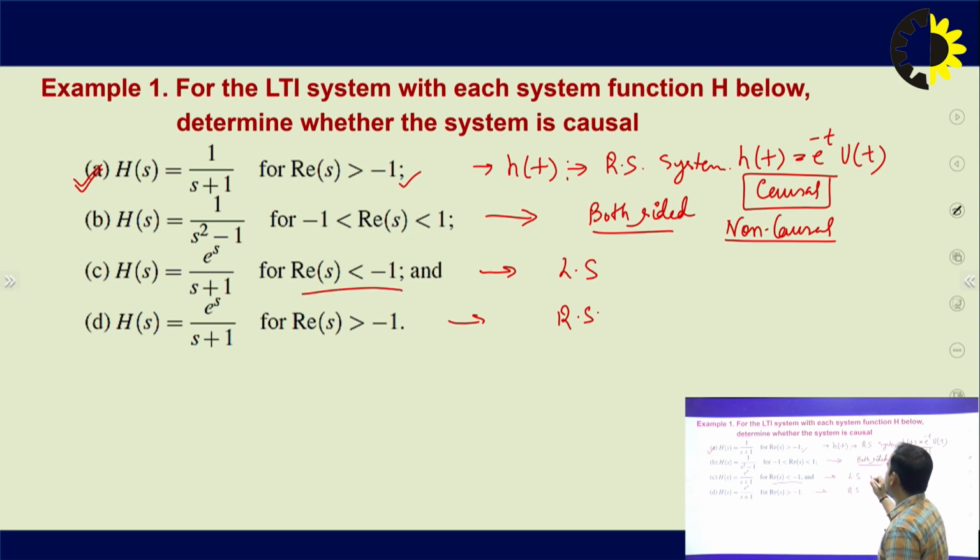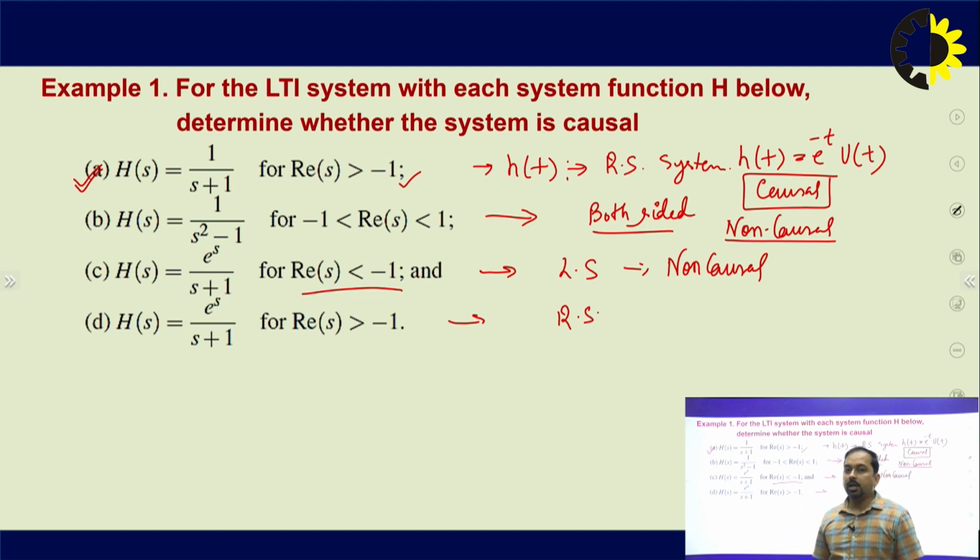We have already said it is left sided, so it is also non-causal, because the inverse Laplace transform will have a u of minus t type. So the system is non-causal.